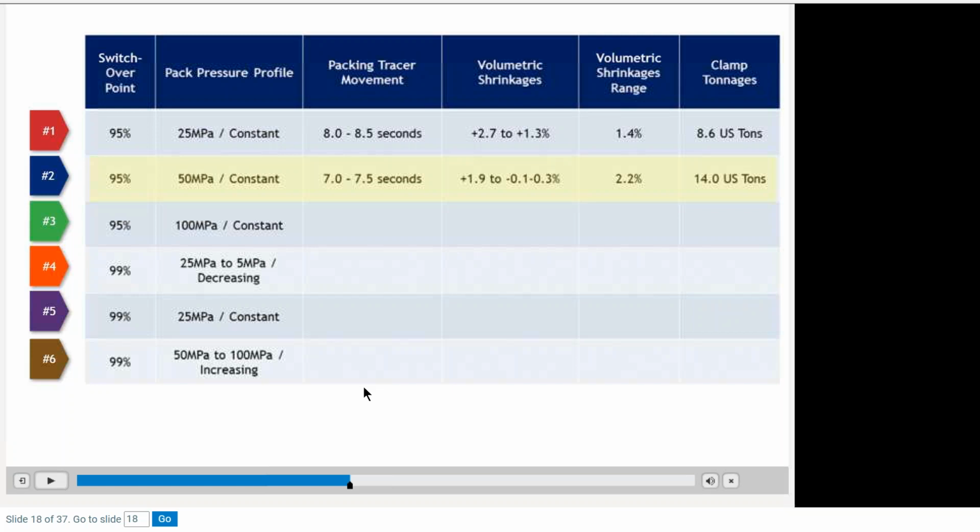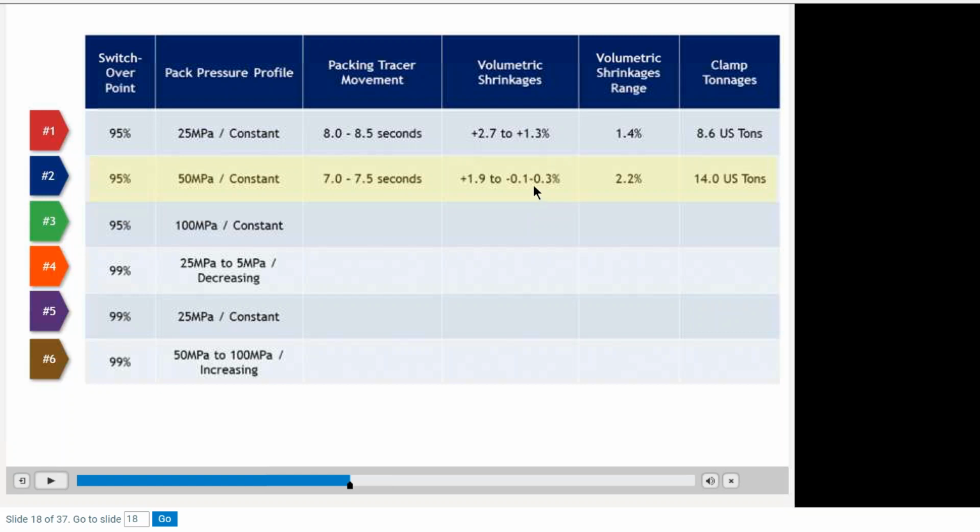Now, isn't that interesting? A higher pack pressure, of course, will create lower shrinkages. We can tell that far away from the gate, we reduced it from 2.7 down to 1.9%, and near the gate from 1.3% down to negative. What, negative? How can that be?